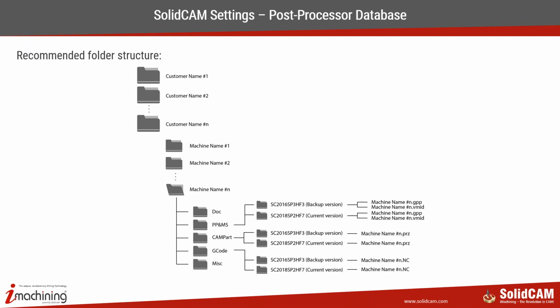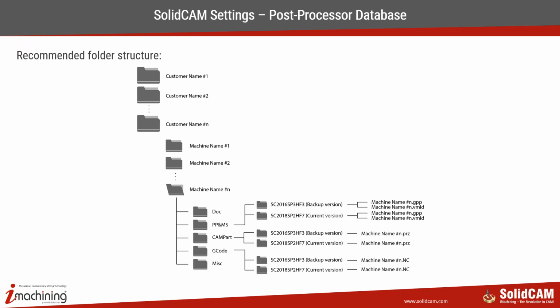Post processor and machine simulation, like the name says, houses the GPP, VMID, and the machine simulation folder. A COM part houses the COM parts that were tested with that post processor and the machine, and you have G-codes for them. G-code houses the G-codes that were tested, and miscellaneous folder houses all the pictures, videos, and any data that was used when developing the post processor.